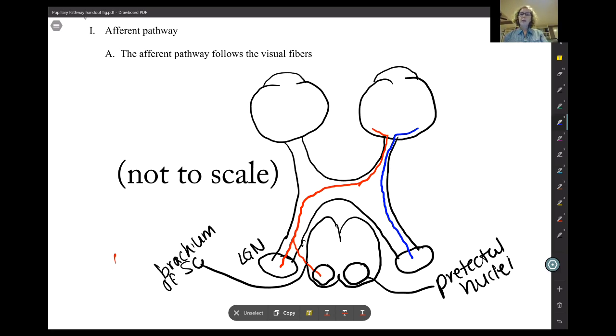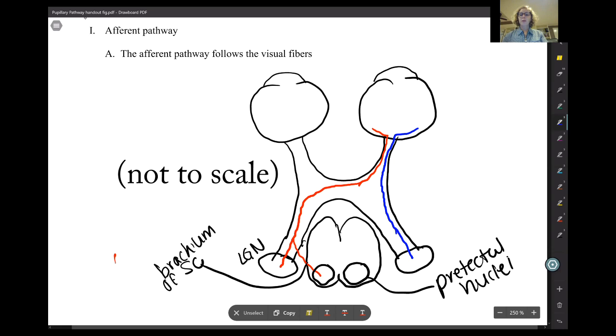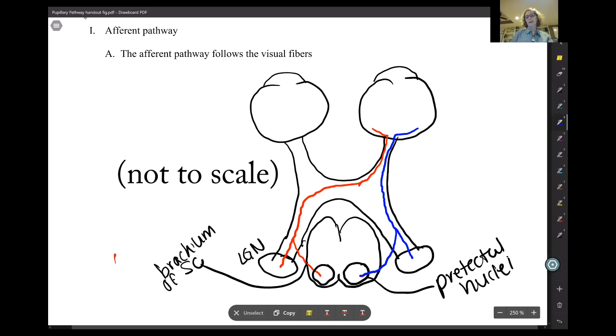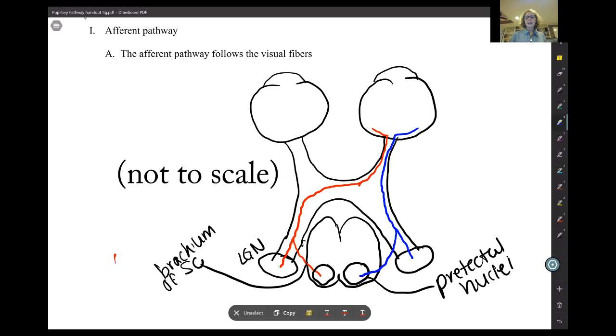But the pupillary fibers are going to take off out of there. They never get to the lateral geniculate nucleus. They go through this brachium of the superior colliculus and end up in the pretectal nuclei. So that is the afferent pathway.